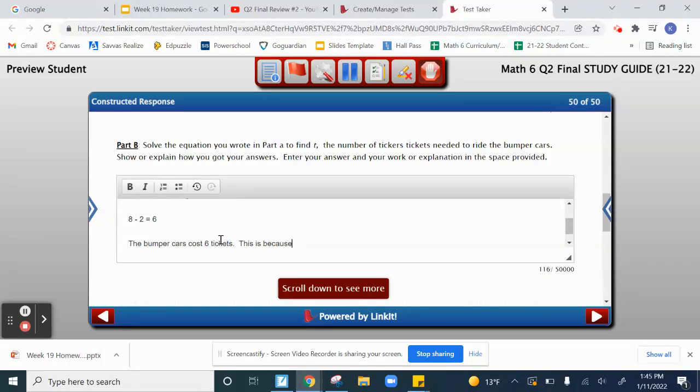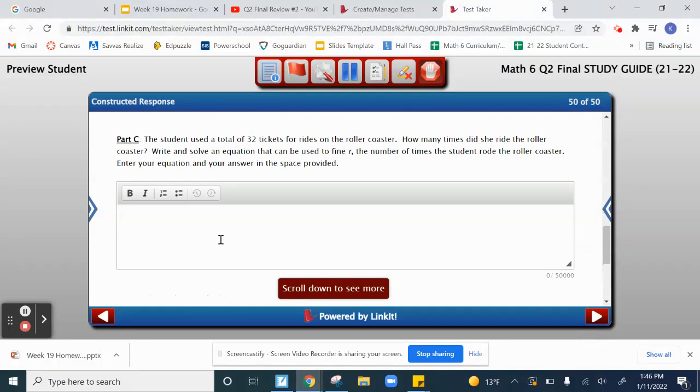This is because to undo the plus 2, we need to minus 2. 8 minus 2 equals 6. Therefore, my response is t equals 6. All right, let's keep going.